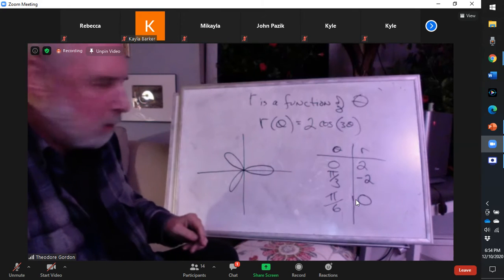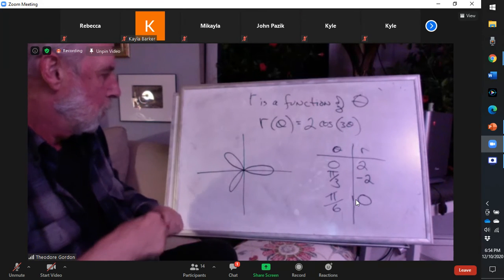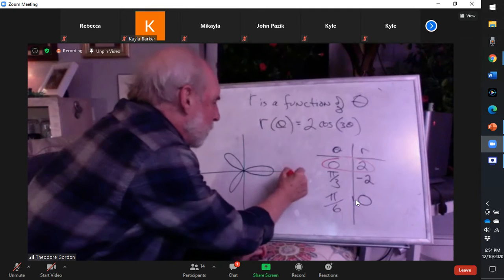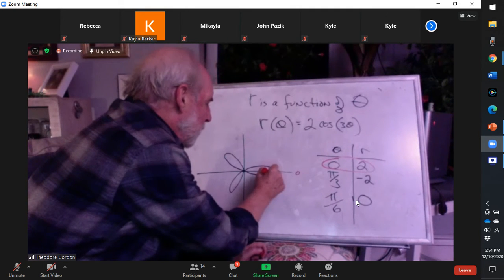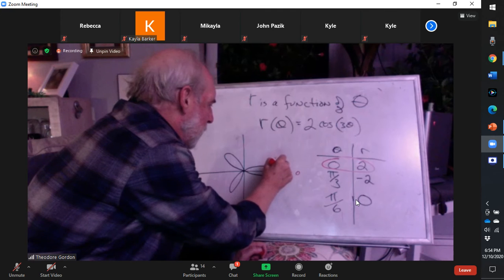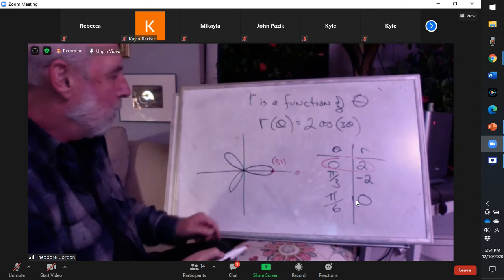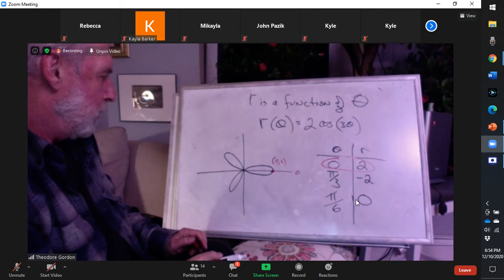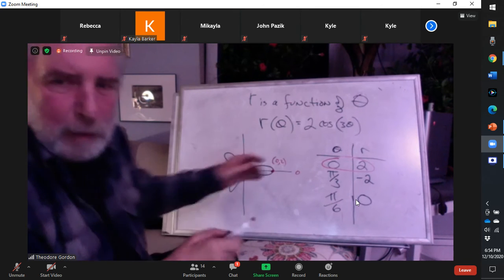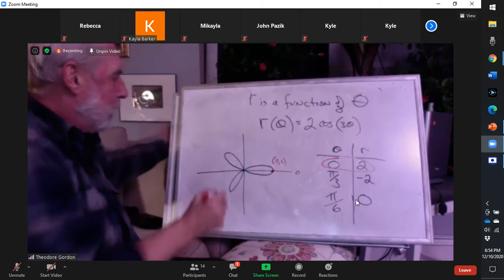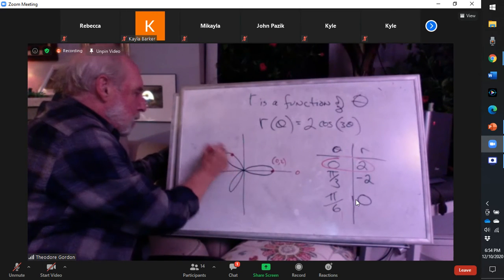Here, when the angle is 0, right out here is the polar coordinate 0, 2. I might have drawn that picture wrong, but that's okay. What we're going to do when we come back next time is learn how to do this.